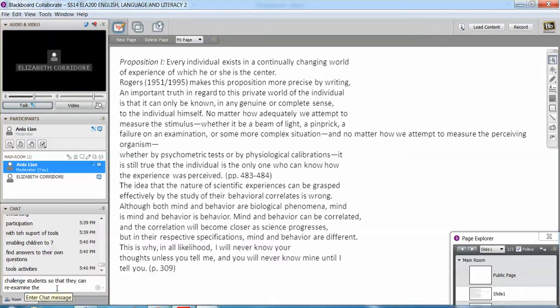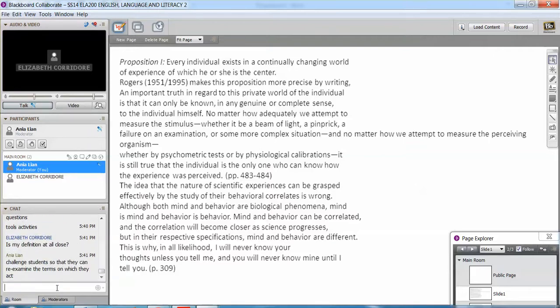They have to be demanding so that students feel challenged, so they can re-examine what I call the terms on which they act. You know, the beliefs on which they act. So the activities, the support very often is structured in a way that actually challenges students' beliefs about the situation in which they are.